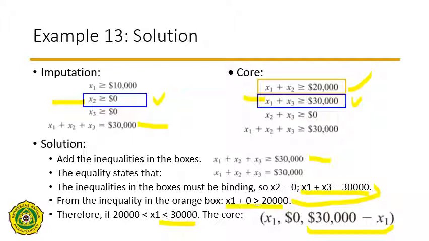In other words, we have a lot of solutions, but they are all in the core if you give player 1 the money between 20,000 to 30,000, give player 2 $0, and then give player 3 as much as 30,000 minus x1.